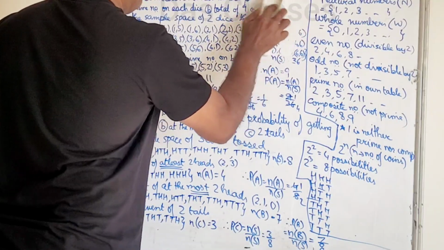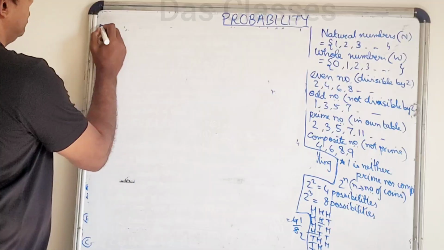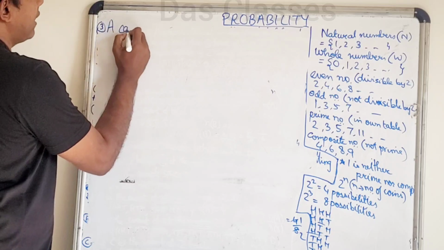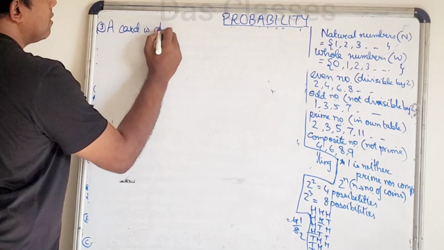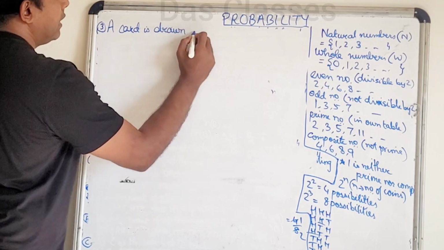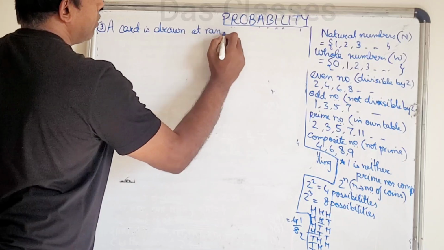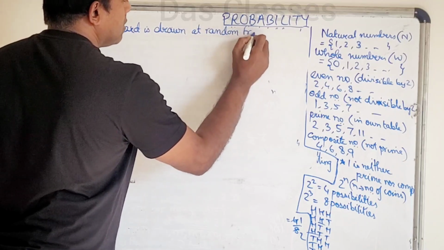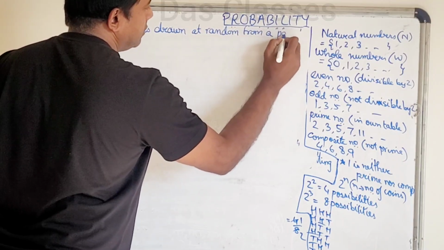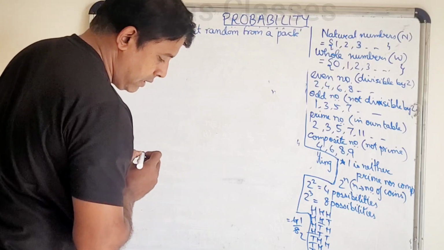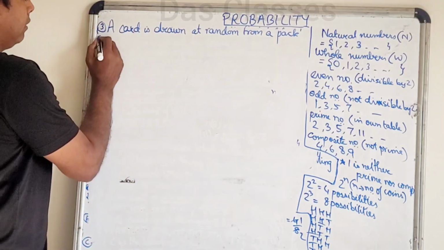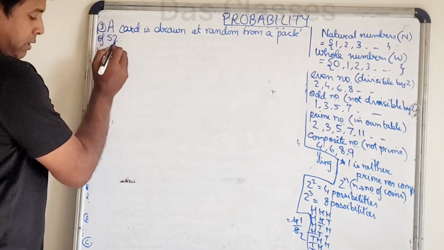So we'll take one more example. A card is drawn at random from a pack of 52.